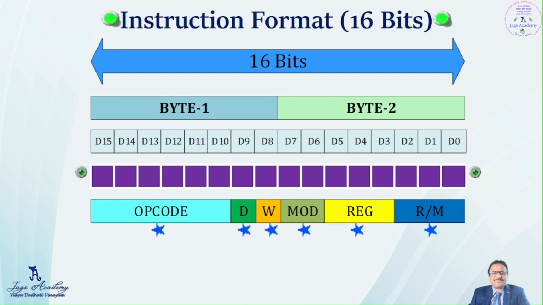Now, what is the size of the machine instruction we are generating? For the 8086 microprocessor, we are generating a machine instruction of 16 bits. This is what you call the machine instruction we are generating for a particular assembly instruction.